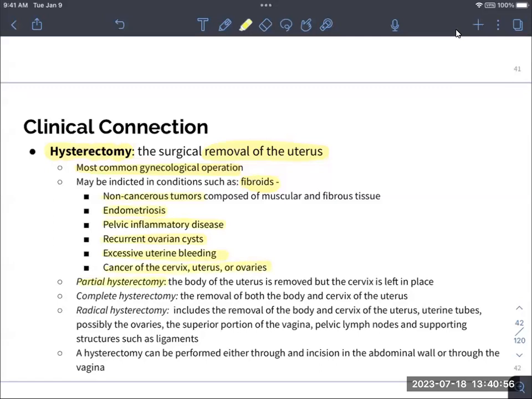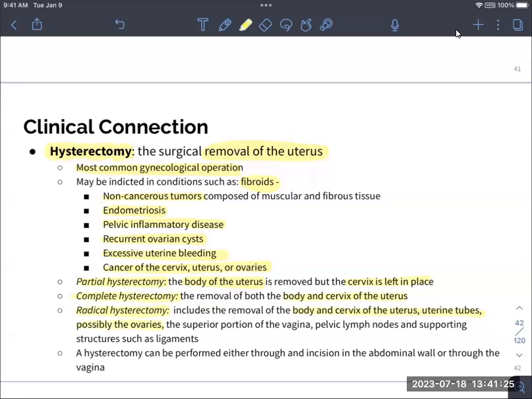You can do a partial hysterectomy where they get rid of that uterus. That cervix is left. A complete hysterectomy, the uterus and the cervix is removed. A radical hysterectomy, this is probably the one that's done the least often. It just depends, could be because of cancer, but they're going to take out the uterus, the cervix, the uterine tubes, and maybe even the ovaries.